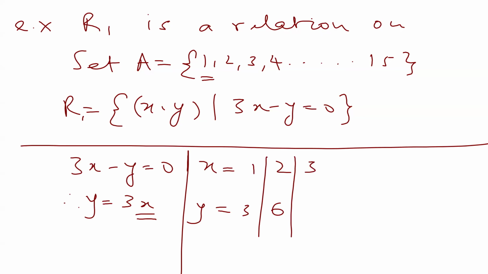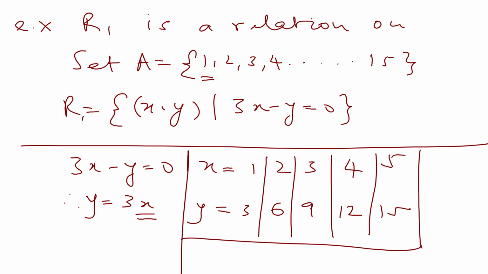When x is 3, value of y is 9. When x is 4, value of y is 12. And when x is 5, the value of y is 15. So we got the ordered pairs using this particular relation between x and y.